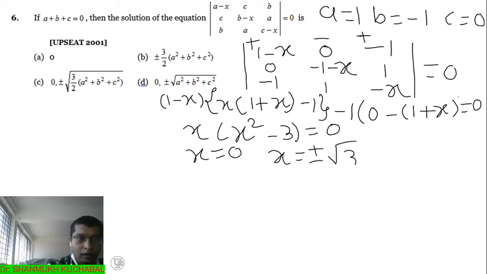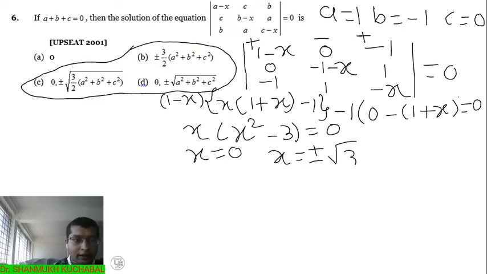Among these 3 solutions we get the correct option. In B, the 0 is missing, so B is a wrong answer, and A is already wrong. Among C and D, any one is the correct answer here. So why is B a wrong answer? In this, 0 is missing. In C I put A equal to 1, B equal to minus 1, C equal to 0.